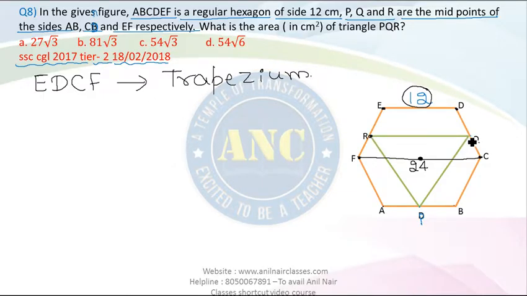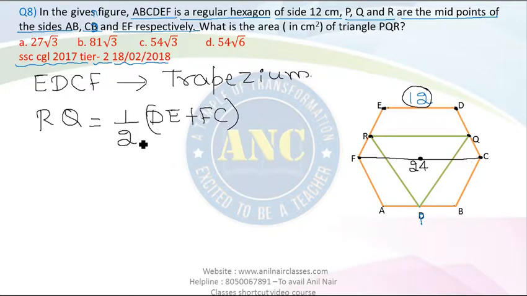This length RQ, what is this length? This length is nothing but DE, and there is another length called FC, and I will add these two. DE plus FC is equal to 2 times RQ, or half of DE plus FC is nothing but RQ.